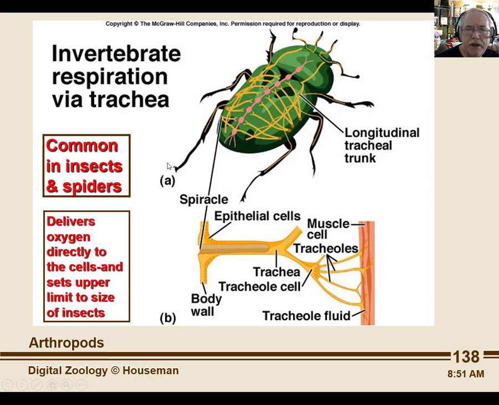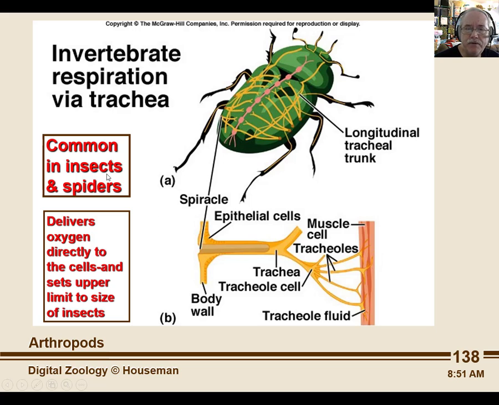Okay, in terms of respiration, insects use trachea. What are trachea? Well, they're basically tubes, the opening of which is called a spiracle, leading down through this tube or trachea to very fine tracheoles that literally branch and allow oxygen to diffuse in through these tubes right directly to individual muscle cells or other types of cells.